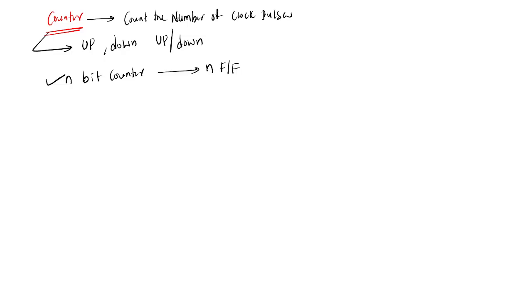At the end of the polling, they will check on the electronic voting machine how many votes are cast. Suppose 1500 votes are cast, they will count these slips. If both match, there is no mismatch in the voting. That is one example of an up counter.